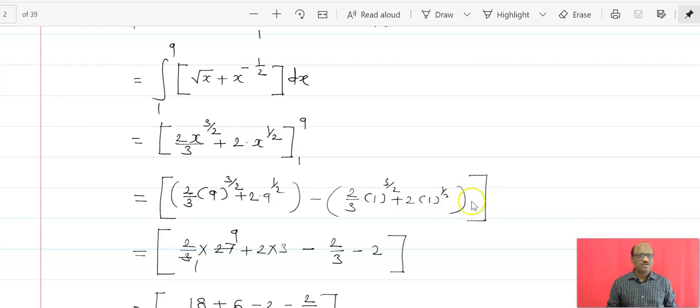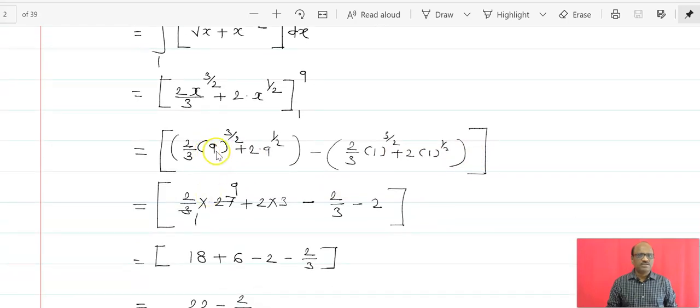That is the upper limit minus the lower limit. Therefore here, 9 raised to 3 by 2 means what? 3 raised to 2, the 2 gets cancelled. 3 raised to 3, that is 27. 2 by 3 into 27, then you will get 18.